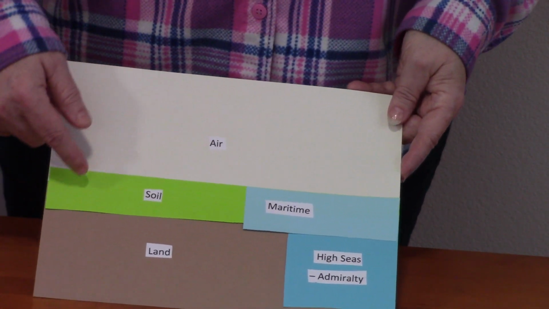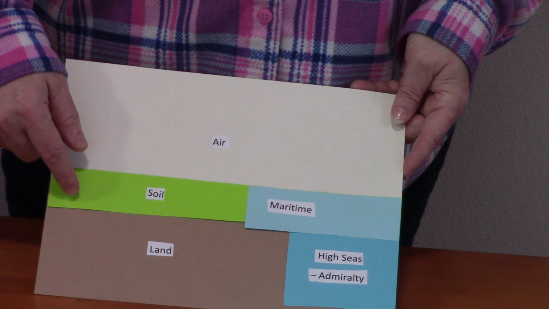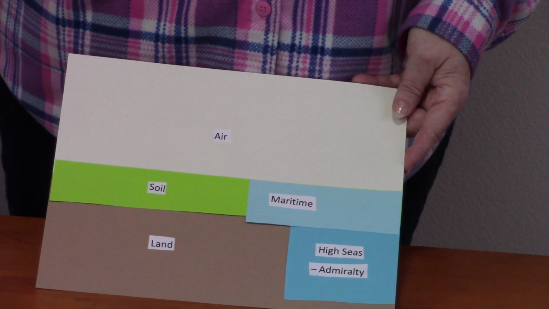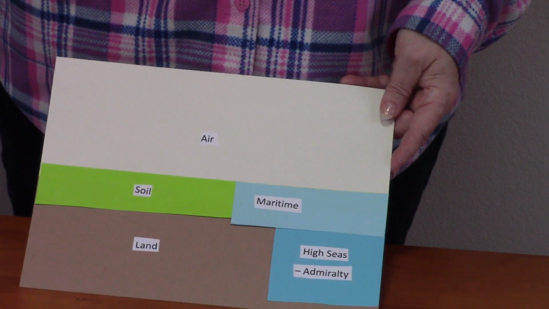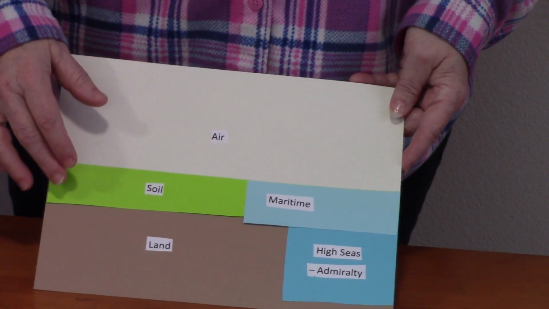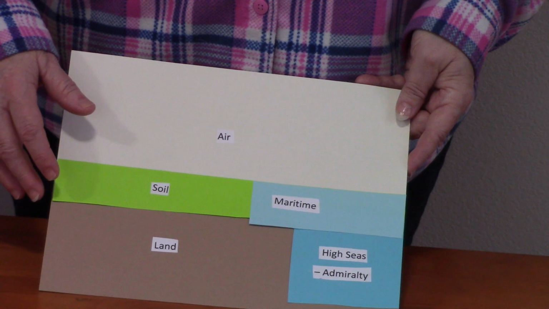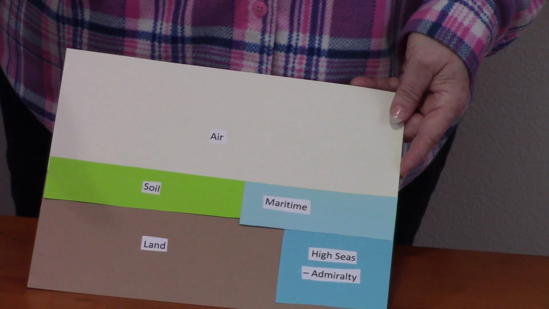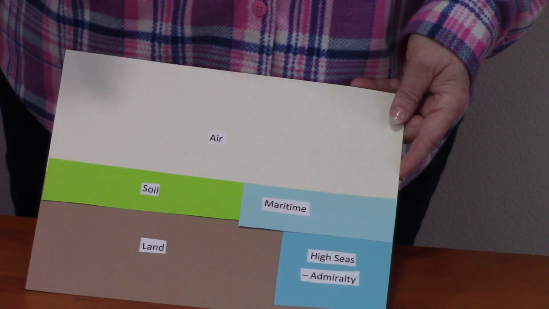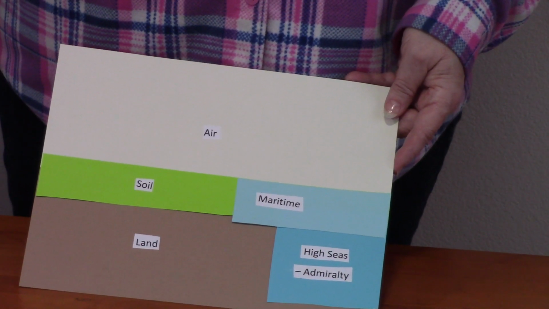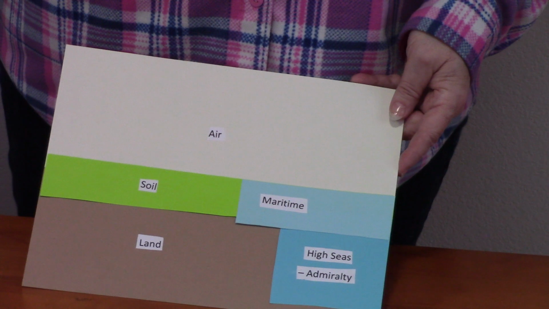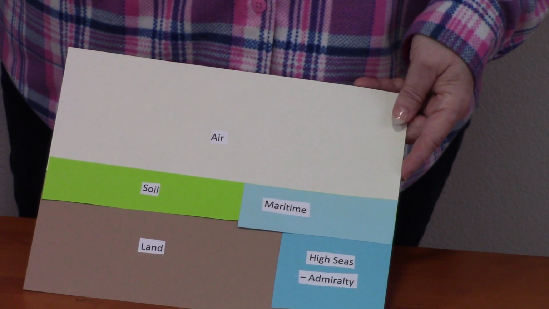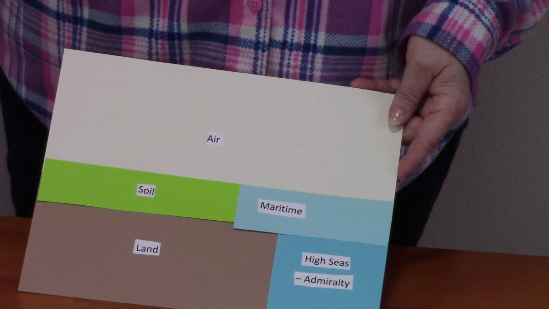Anyway, you can see here that the soil is the top section of the land. And in English land law, the soil is defined as the top 6 inches of the land. So the soil is a relatively shallow little skin of the land which belongs to each nation.